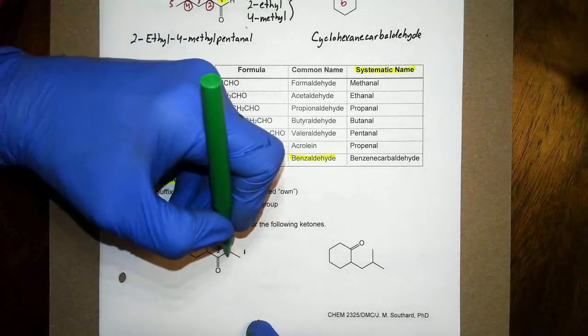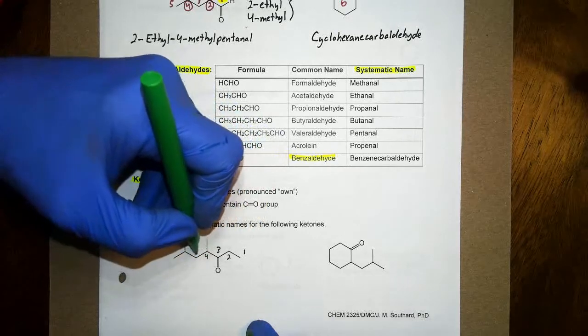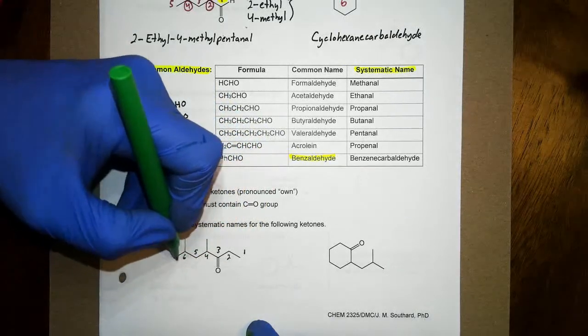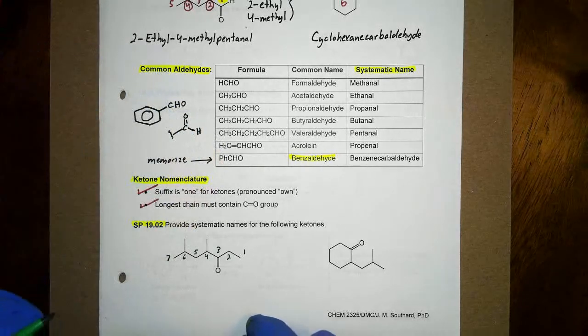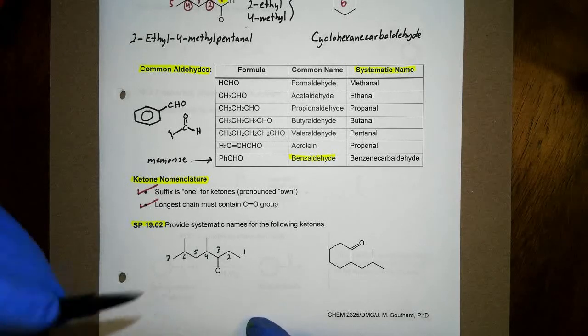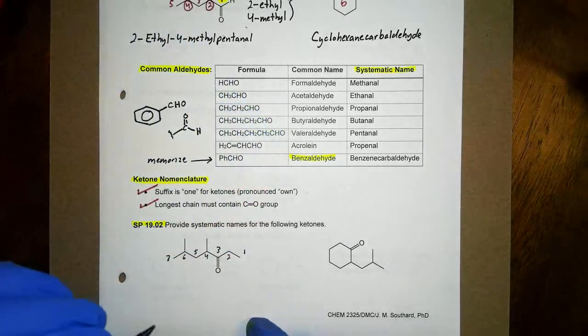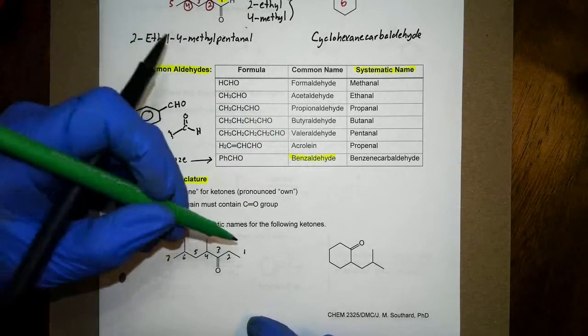This is carbon 1. Carbon 2, and we already said that was 3. Here's 4, 5, 6, and that could be 7, or this could be 7. Now, the reason we do that is because this is going to allow us to come up with the parent name. And the parent, of course, is going to have HEP in it, but we're going to go ahead and indicate where that carbonyl is in the parent.